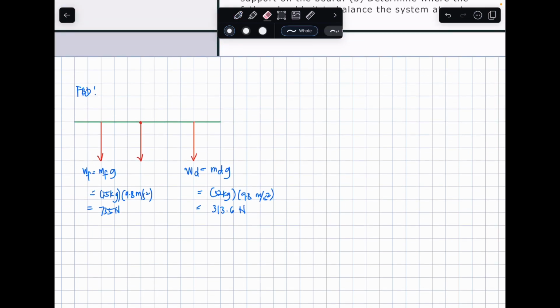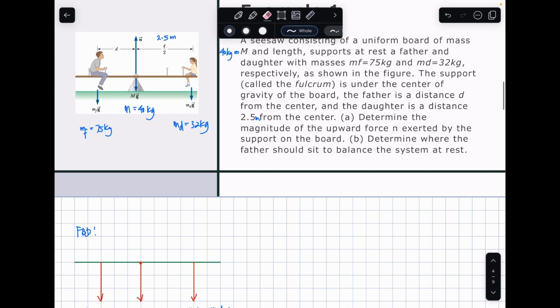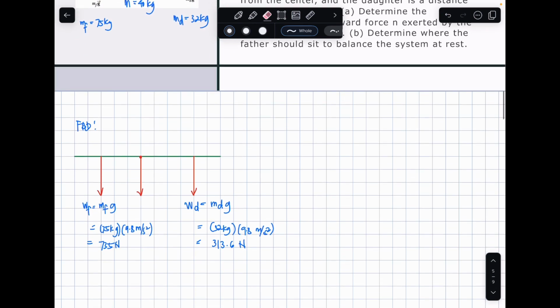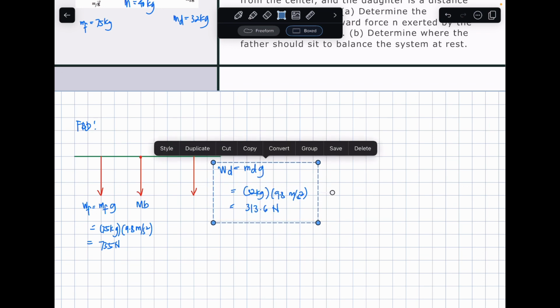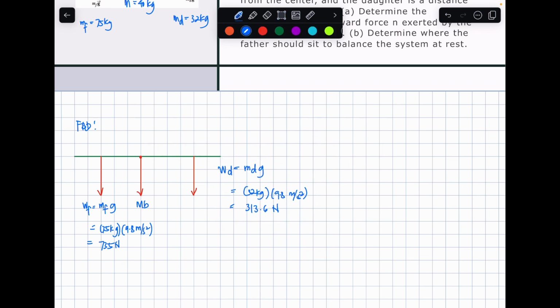While that of the board, for the weight of the board, it's the mass of the board times the gravity.